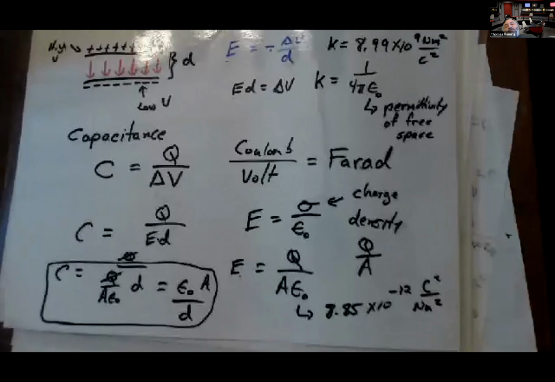And what I want you to take away from that is that the capacitance depends only on the size and the shape of the capacitor, right? If the distance between the two plates gets large, if the plates are far apart, I'm dividing by a bigger number, my capacitance is going to be smaller.